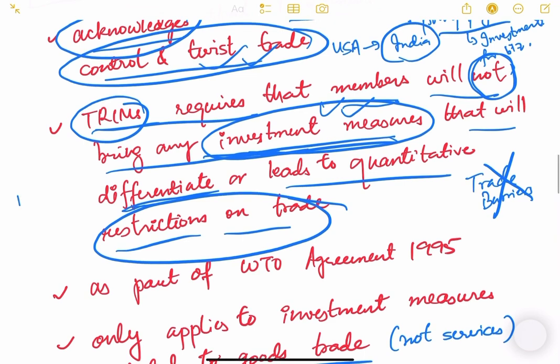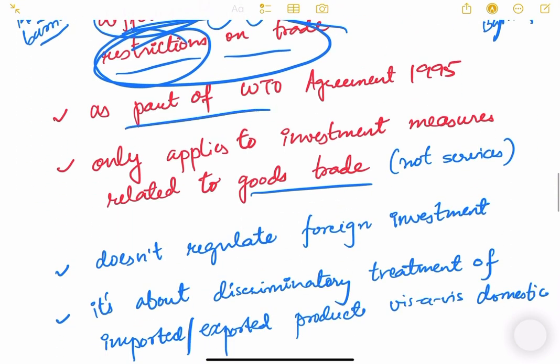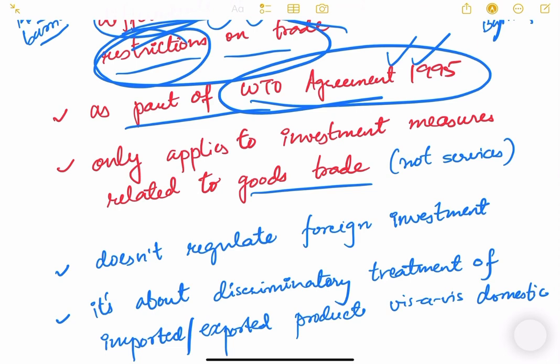So this is a kind of indirect barrier to trade. It may lead to differential treatment of different countries, or differential treatment of domestic goods versus foreign goods, and it can also lead to quantitative restriction. We'll look at the examples of how it leads to all that, but I'm just telling you that investment measures that lead to this kind of differentiation and quantitative restriction on trade are prohibited, not allowed. And it was also a part of the original WTO agreement of 1995.